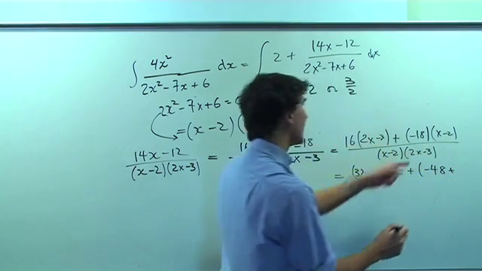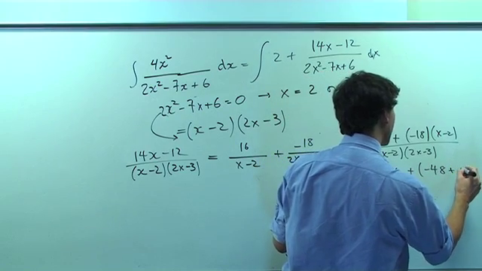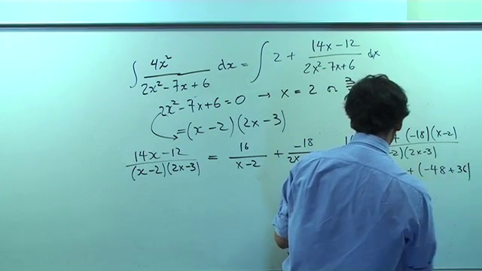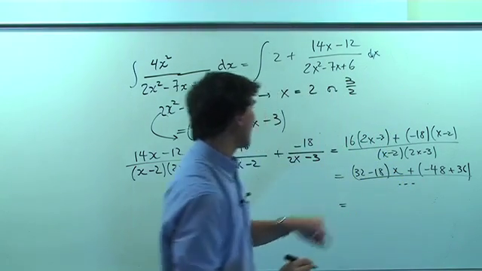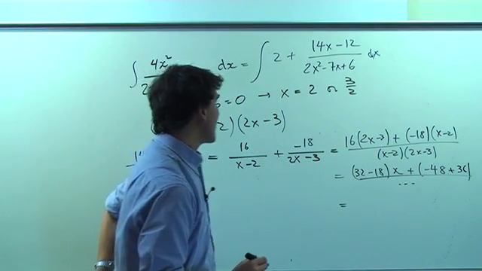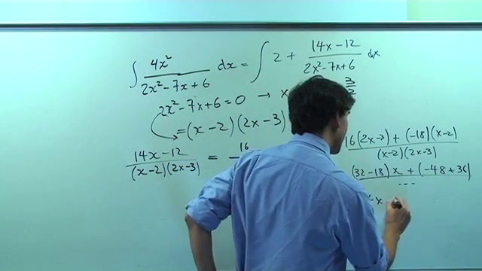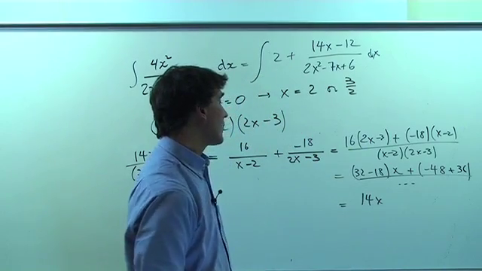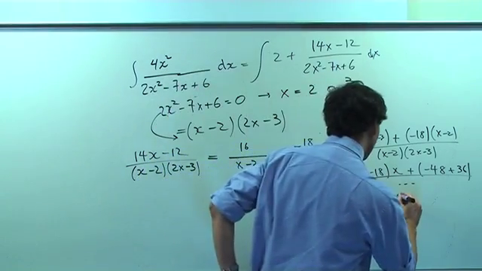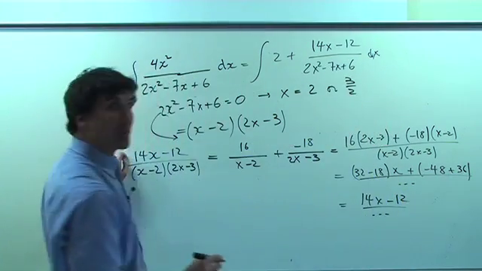And how many here? We've got minus 18 times minus 2, which is plus 36, all divided by the denominator, which is, see, 32 minus 18 is 14x. And here we've got minus 48 plus 36, which is indeed minus 12, all divided by the same thing. So that actually has worked out all right.